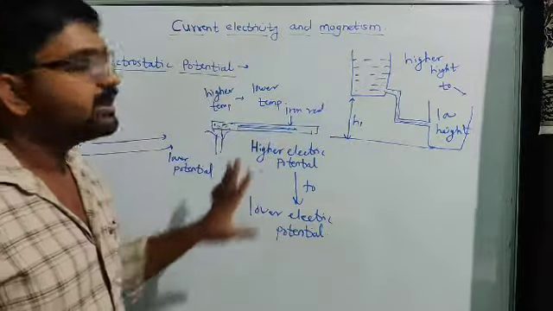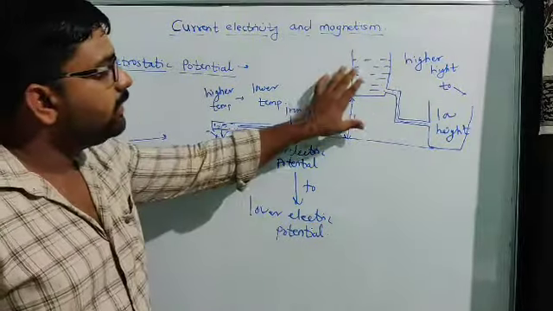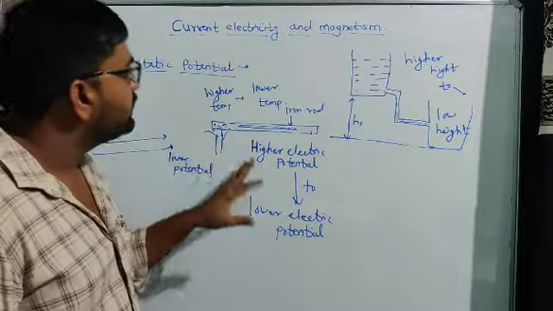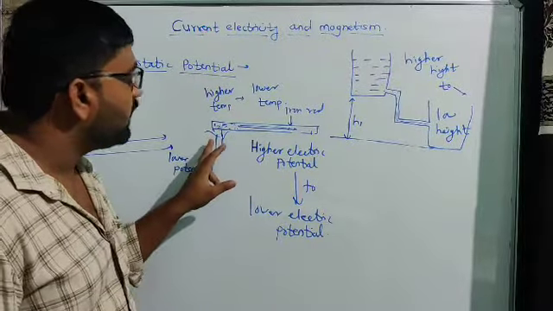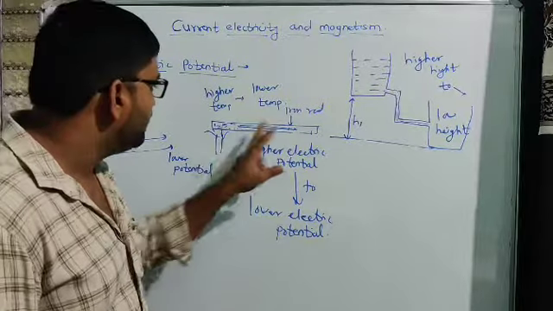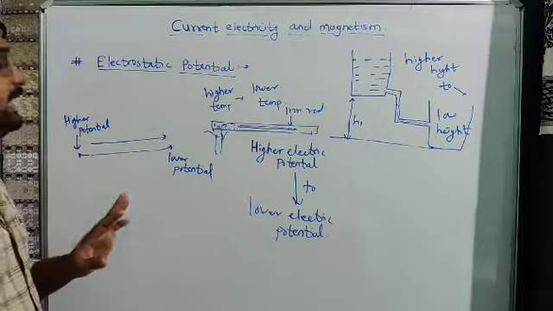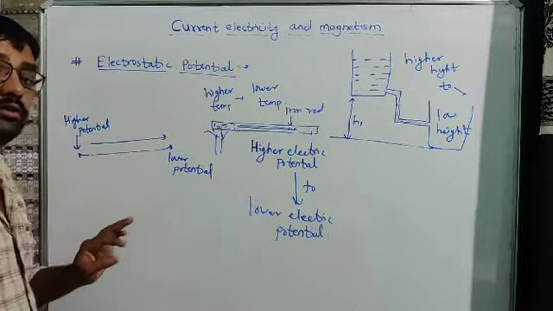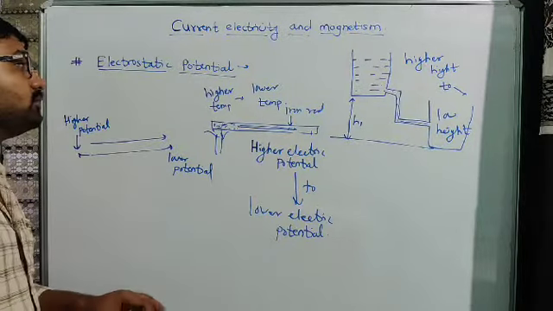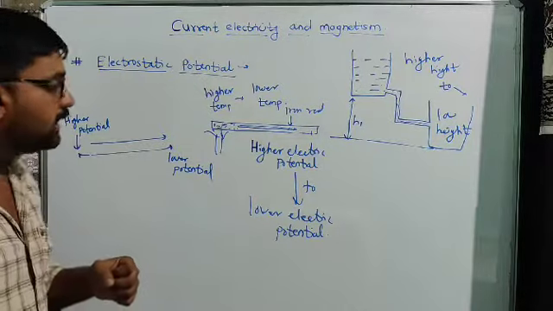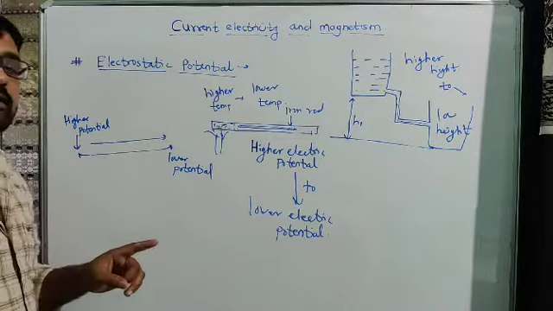So we have to remember this analogy: water flows from higher height to lower height, heat flows from higher temperature to lower temperature. Similarly, electric charges also flow, but they need some difference of electric potential. Then charges can move.